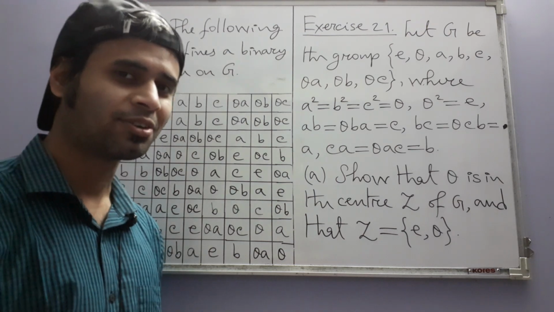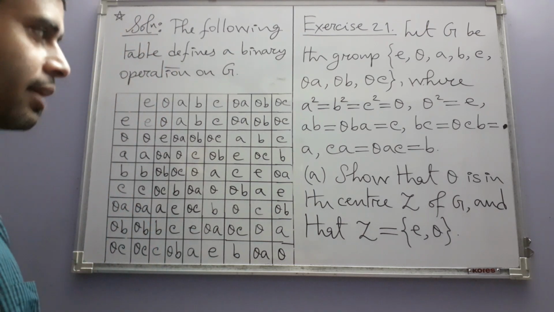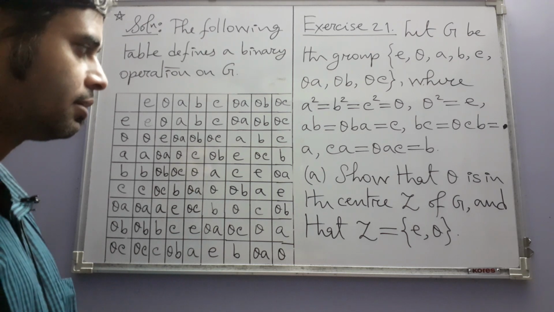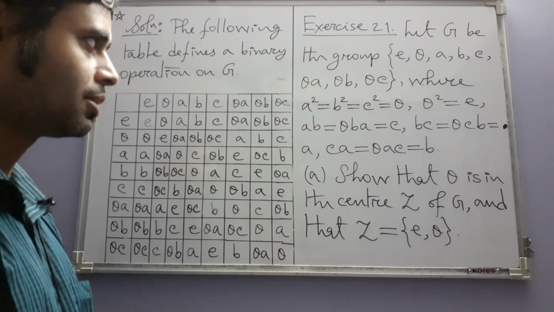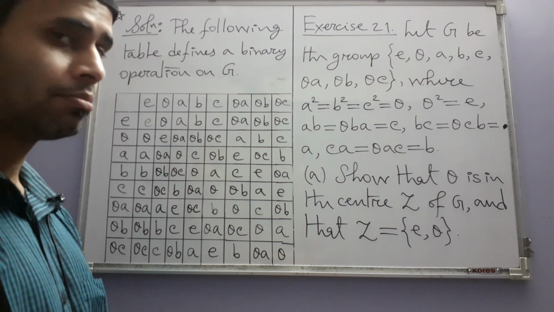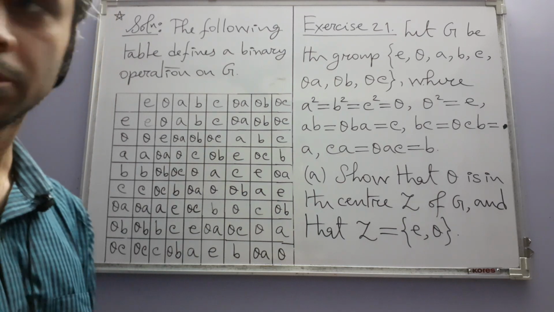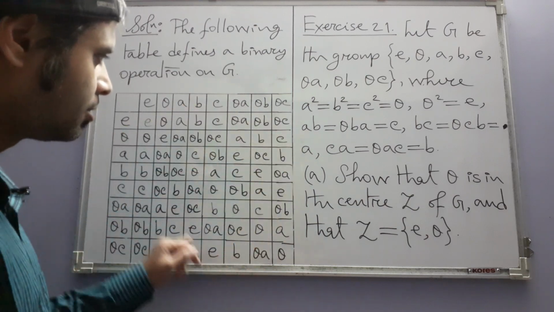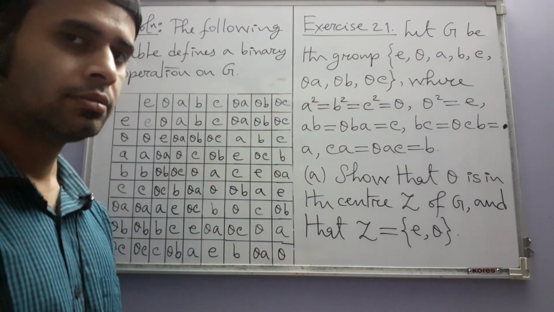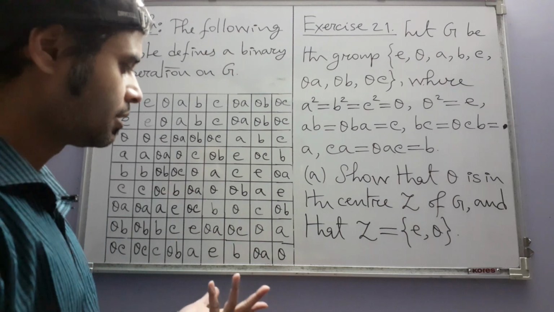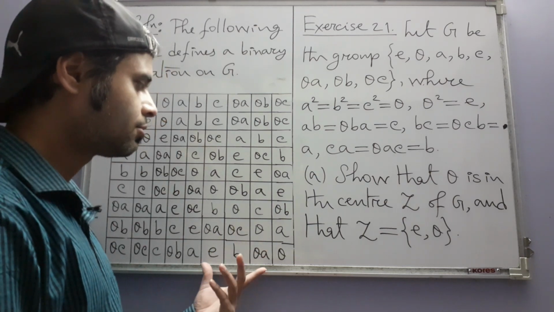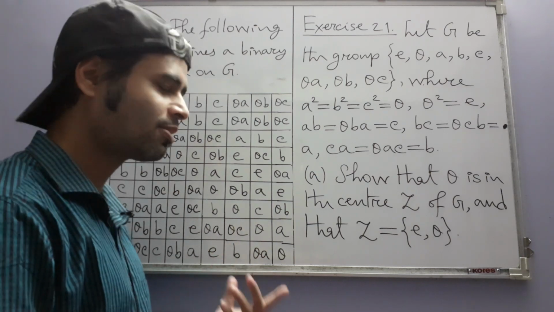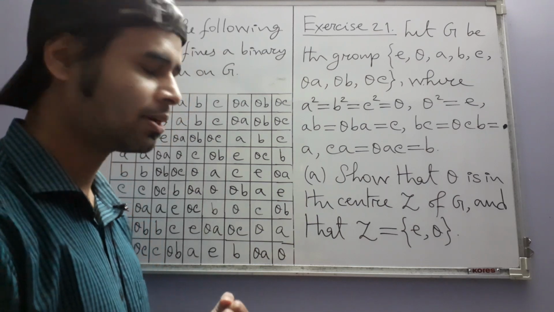Okay, so this awful looking table is actually the one that defines a binary operation on G, and it's a binary operation, there is no doubt about it. That's because all the entries are again in G, but the daunting task is to verify that this operation is an associative operation.